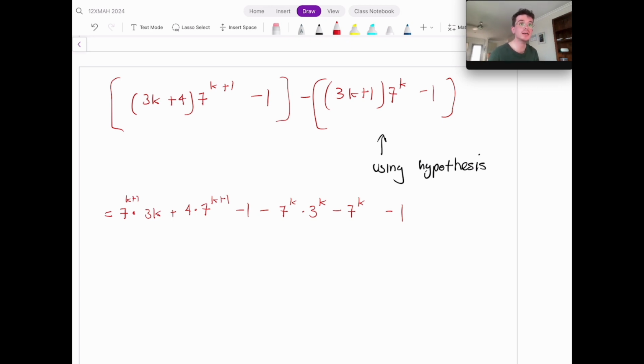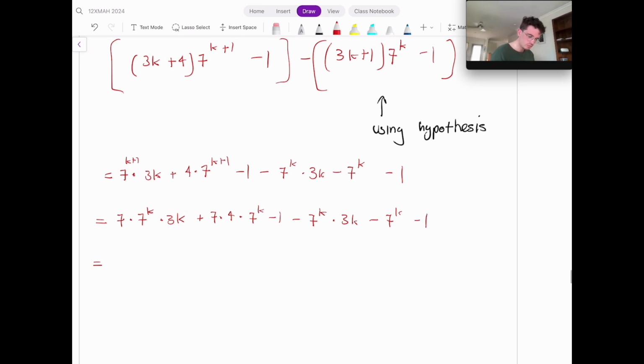The best strategy is to get rid of our k plus 1s by taking out that 7 using our index laws. So if we take out a 7 from 7 to the k plus 1, we're going to have 7 times 3k times 7 to the k, plus 7 times 4 times 7 to the k, minus 1, minus 3k times 7 to the k, minus 7 to the k minus 1.